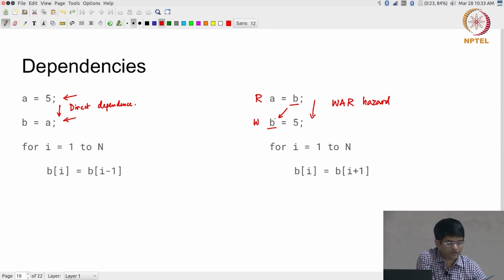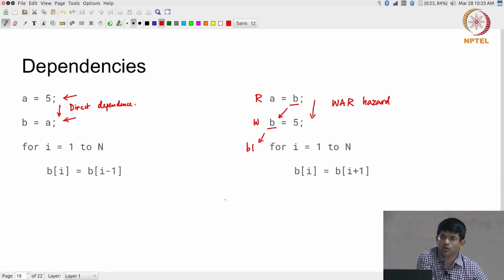Effectively what you need to think of is, when I assign B is equal to 5 over here, it effectively means that the old value of B is completely gone. I am never using it again. Think of this as a new variable, call it B1 and use only B1 after this. Okay. If I do that, the dependency is gone. A is equal to B can happen at any time.